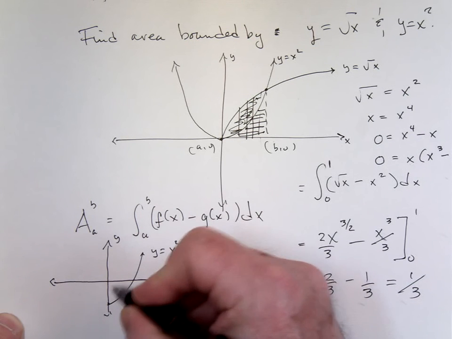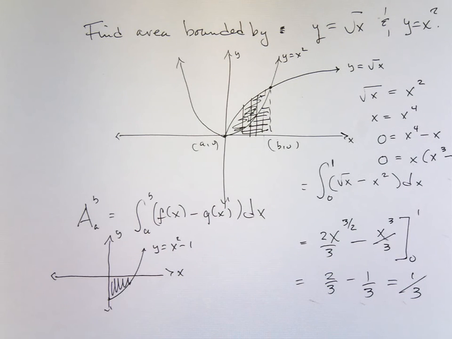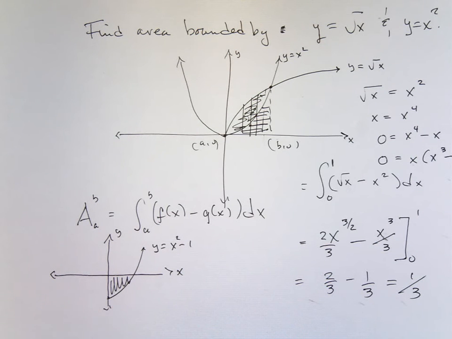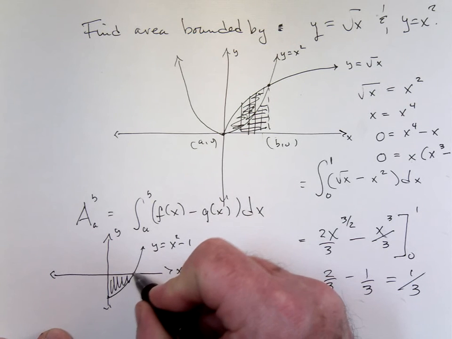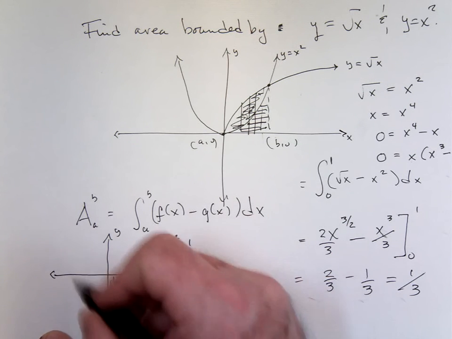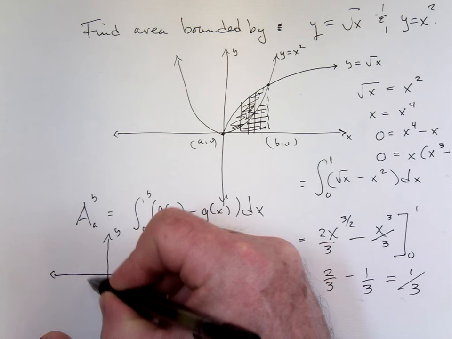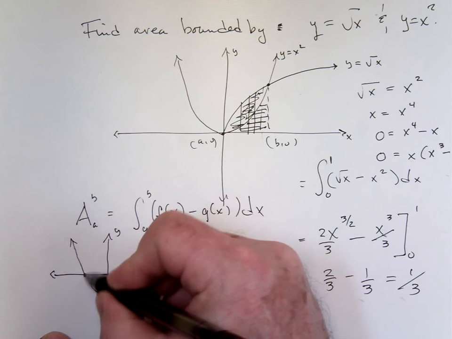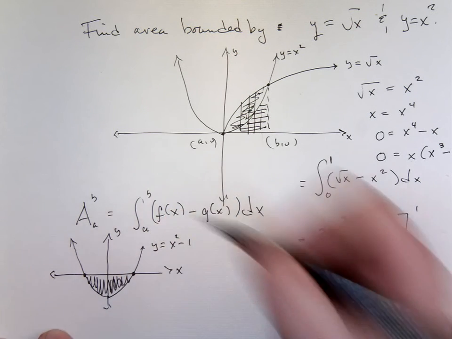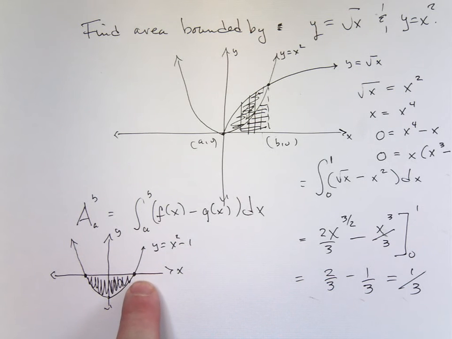And the question is to find the area bounded by this graph, x squared minus 1, and the x-axis. Where's the x-intercept here? Where does this cross the x-axis? Where is it? 1. And negative 1.